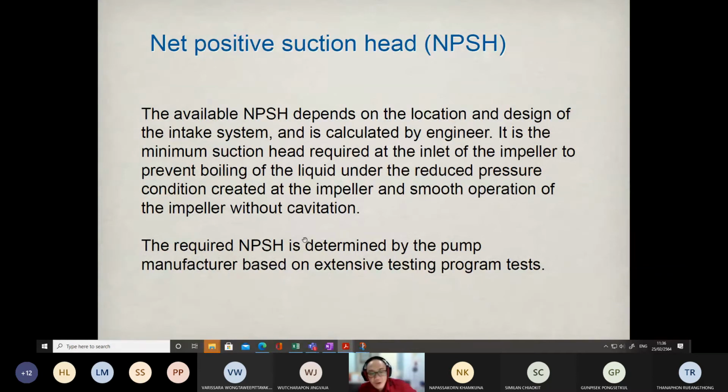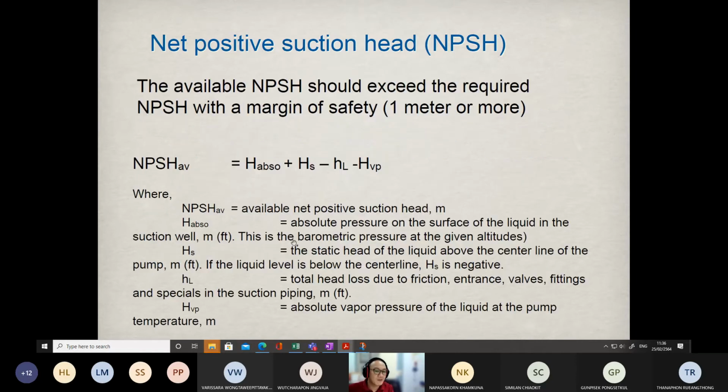So when we operate the pumps, we need to prevent this phenomenon. We try to avoid cavity formation. How can we avoid it? The NPSH available must be greater than the NPSH required. And how can we determine the NPSH available?